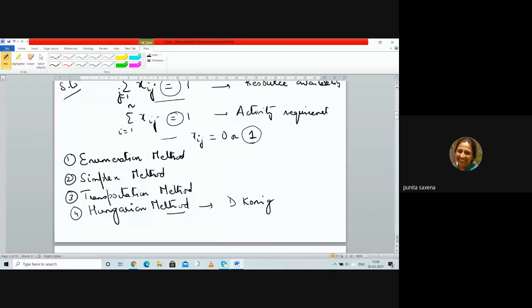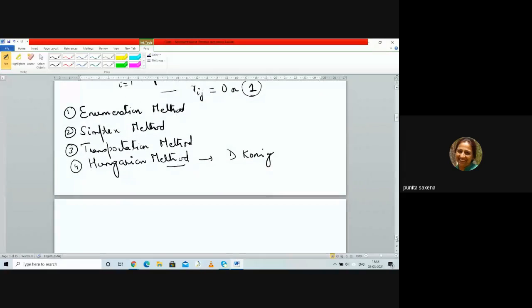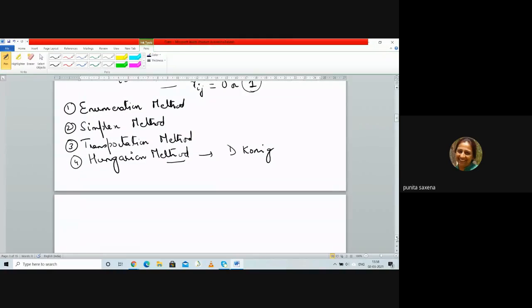Now, since it's an algorithm, it has to start with something and end with something. The best part is that this algorithm terminates when an optimal solution is reached, which means there is no further reduction in the cost possible.